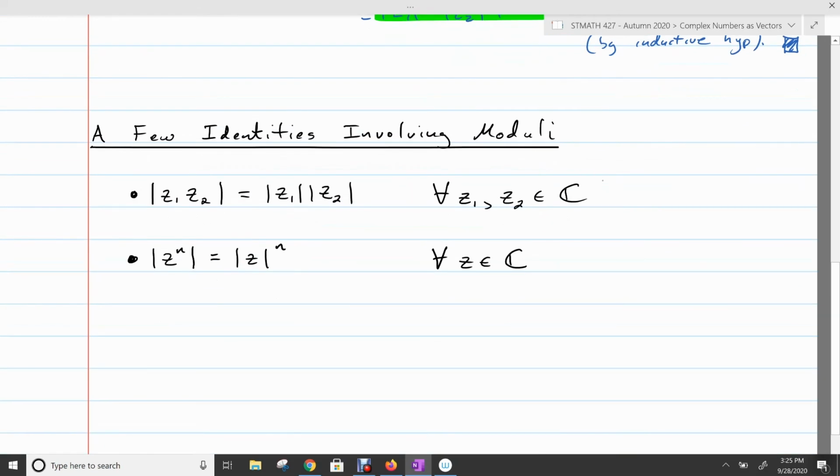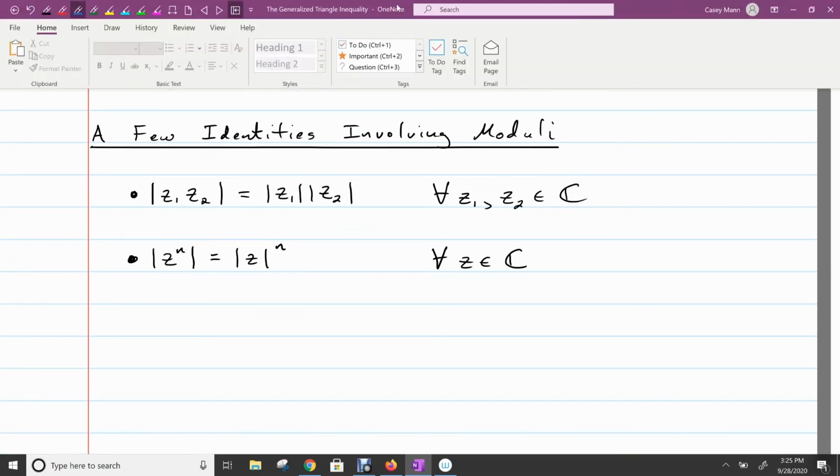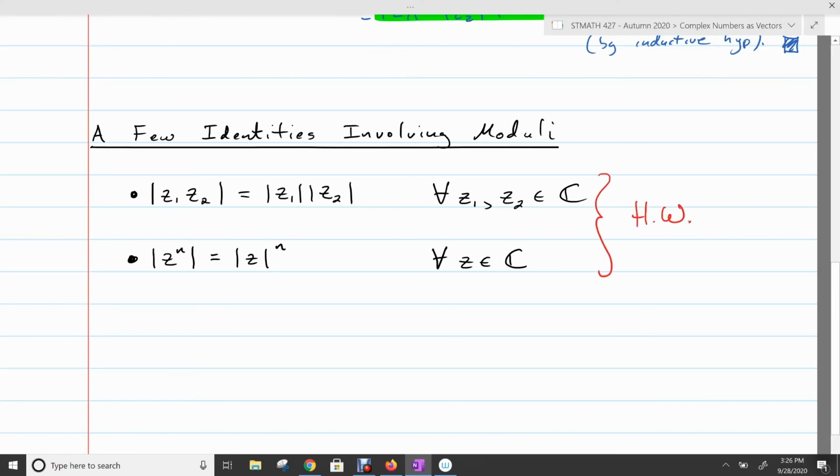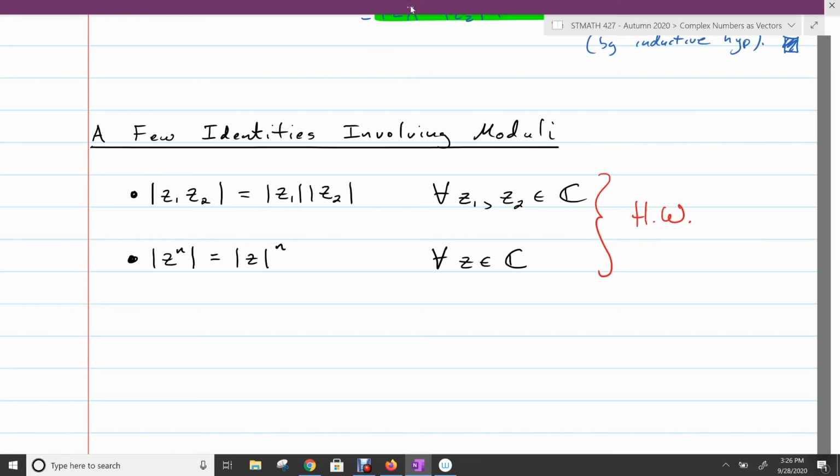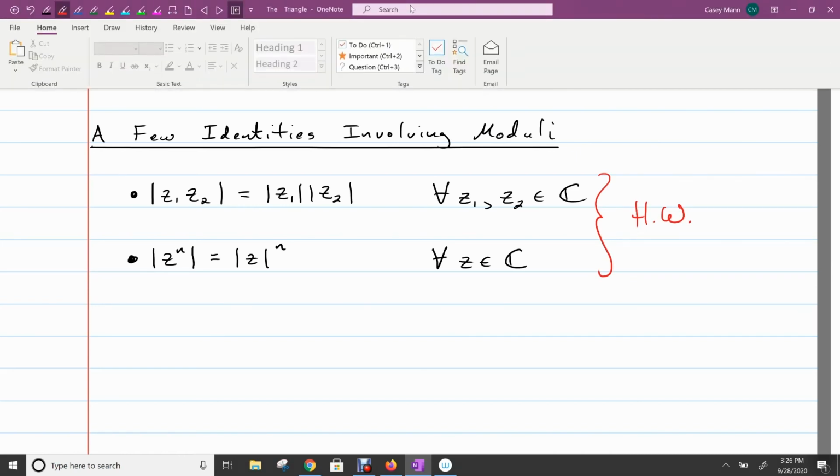And these I'm going to have you prove on homework, so I'm not going to do them here. But you can prove these two properties just straight from the definition of modulus. As it turns out, though, there's an easier way to prove them once we start talking about complex conjugates, which is going to happen in this same lecture. But I think in the homework problem, you're to prove it just from the definition.